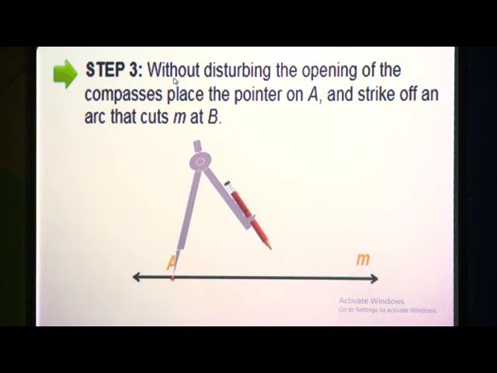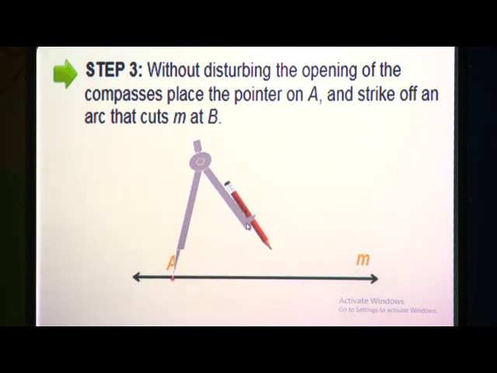Then we have step 3: without disturbing the opening of the compass, place the pointer on A and strike off an arc that cuts M at B. So what we have done in step 3: we have taken a ruler and a length of 4.5 centimeter.